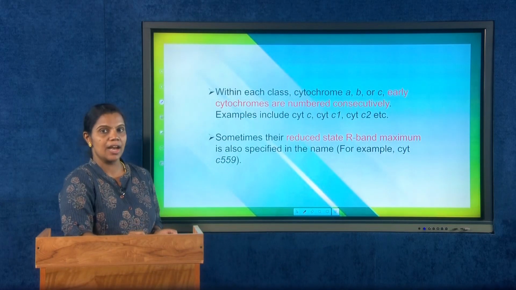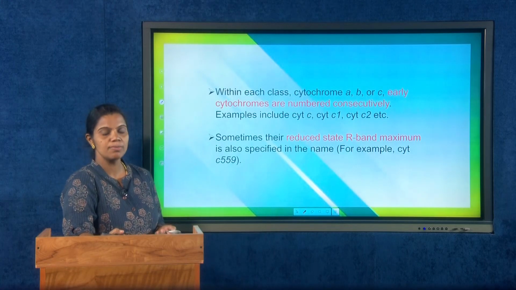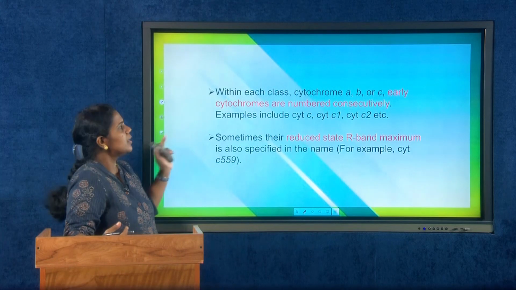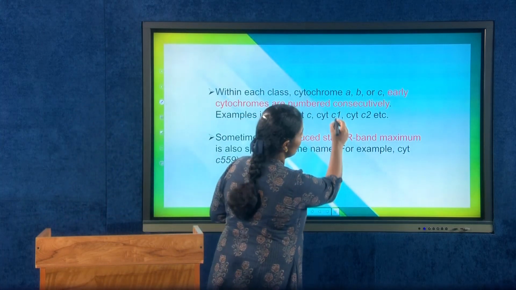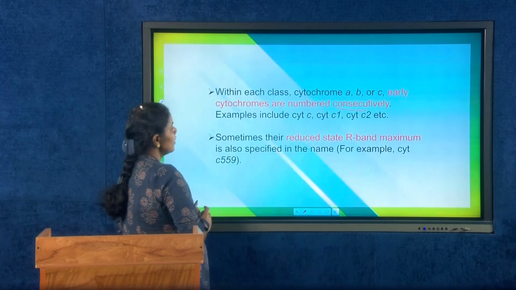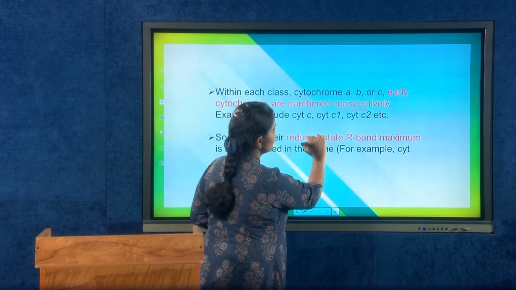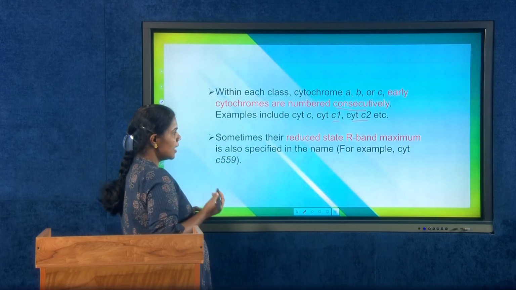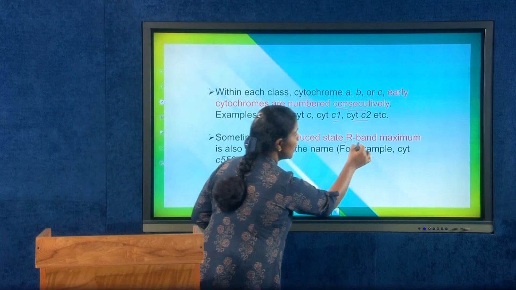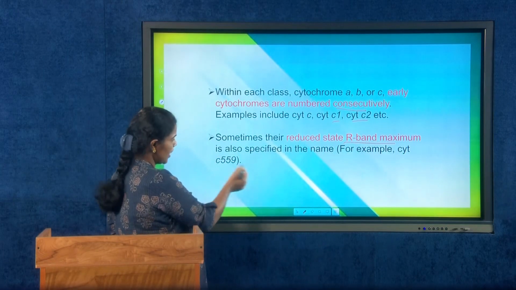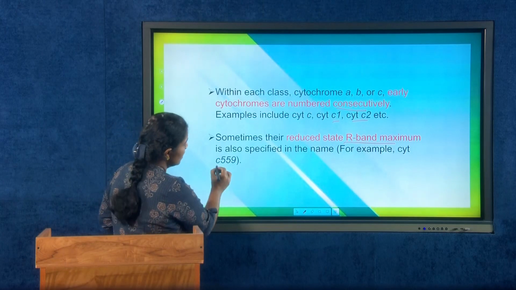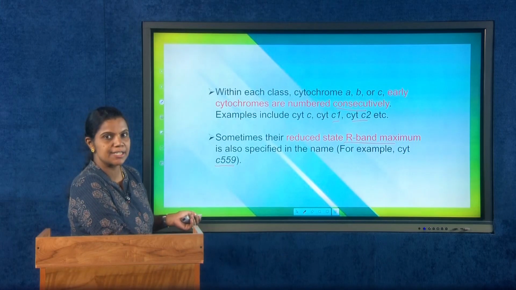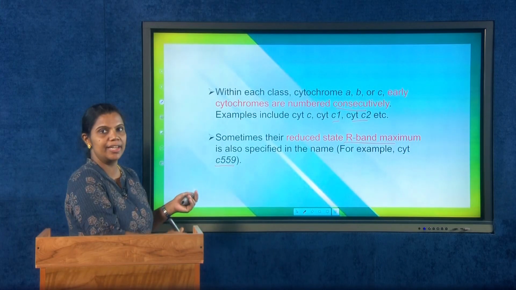Within each class we have different types of cytochromes, that is cytochrome A, cytochrome B, cytochrome C, and all are numbered consecutively. We have further designations such as cytochrome C1, cytochrome C2, etc. Sometimes the reduced state R band maximum is suffixed, and it is given as cytochrome C559. That is the R band maximum value and we name it accordingly.